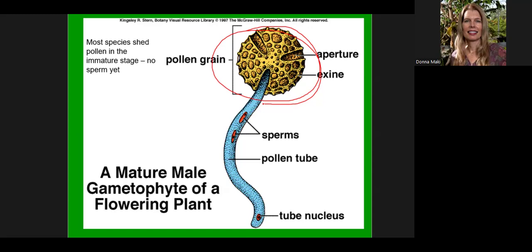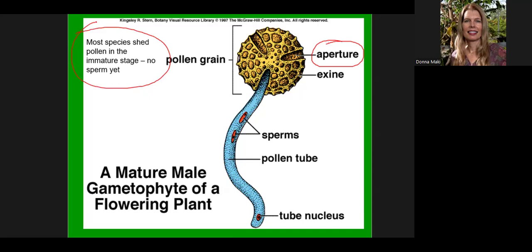And that's very specialized proteins that make up that coat, so to speak. And then we tend to see so-called apertures that are present on the pollen grains, and we'll talk more about that. That's usually where the pollen tube grows or germinates out of. It's an easier exit area out of the pollen grain for the tube cell to start growing out of. So no sperm yet when you have pollination occurring. It's still considered immature pollen grains.